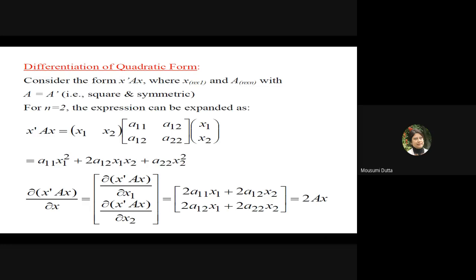You take the 2 outside, so 2 will be there. Then a11 x1 plus a12 x2 in the upper part, and a12 x1 plus a22 x2 in the lower part. So can we summarize this as Ax? Yes, ma'am.